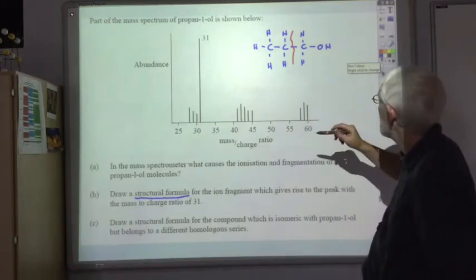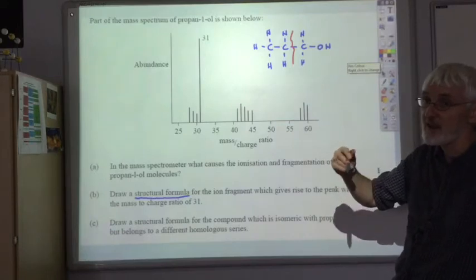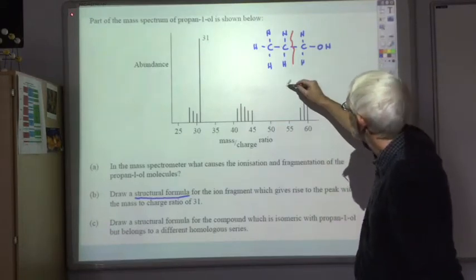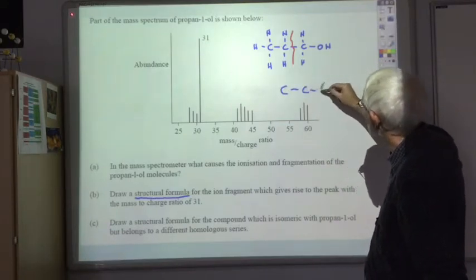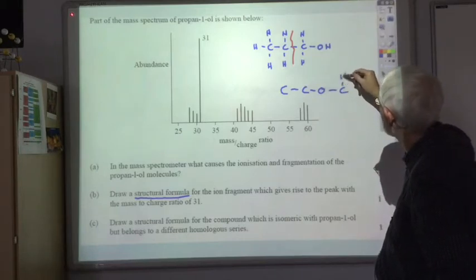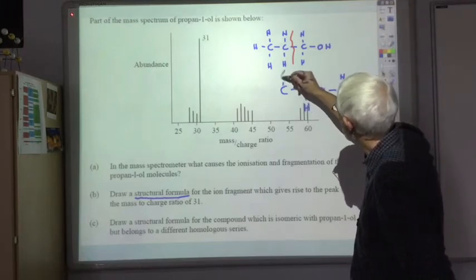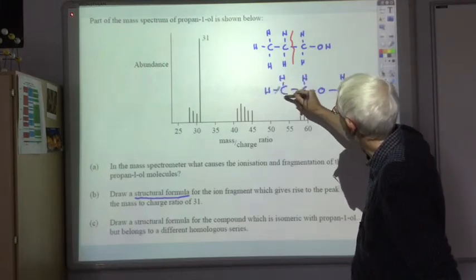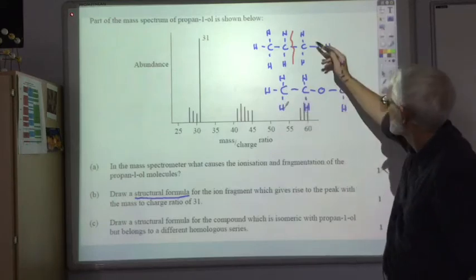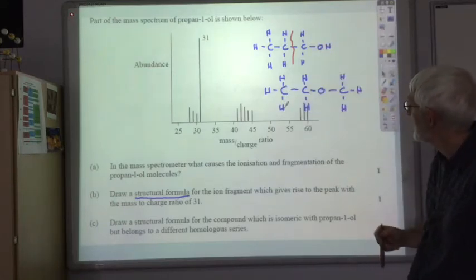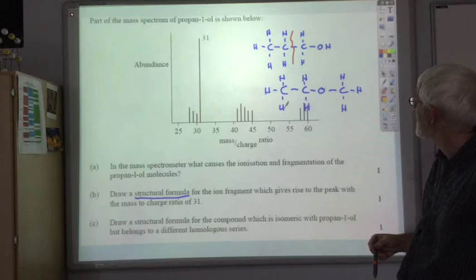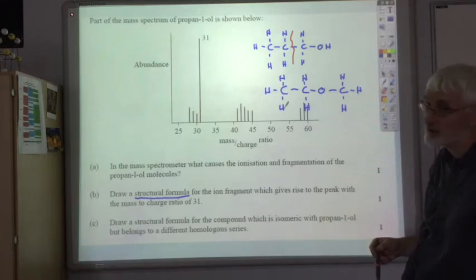So if we draw a structural formula for the ether with 3 carbons, 2 carbons on one side of the oxygen, 1 carbon on the other side of the oxygen. So both the propanol and the ether have got 3 carbons, 8 hydrogens and 1 oxygen.